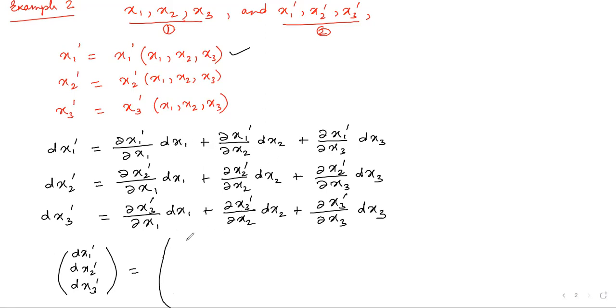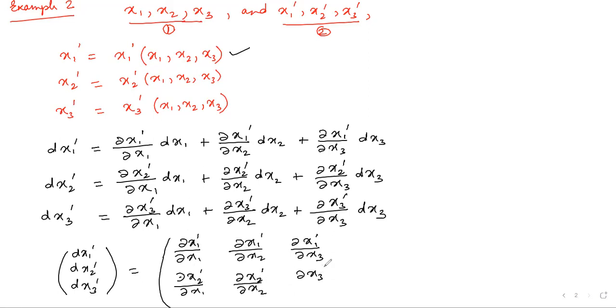The first row will be dou x1 prime by dou x1, dou x1 prime by dou x2, dou x1 prime by dou x3. The second row would be dou x2 prime by dou x1, dou x2 prime by dou x2, dou x2 prime by dou x3.